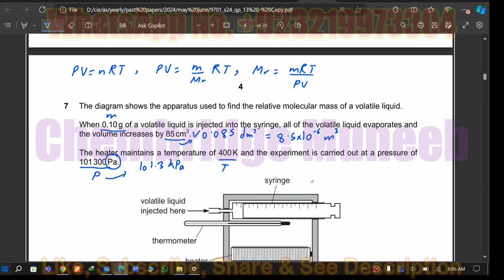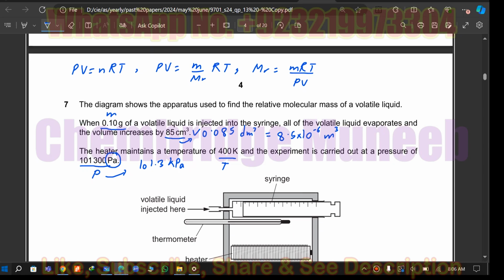Now I have to substitute these values into the given relation above.